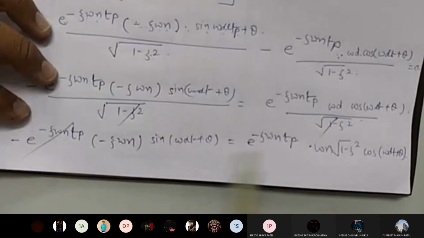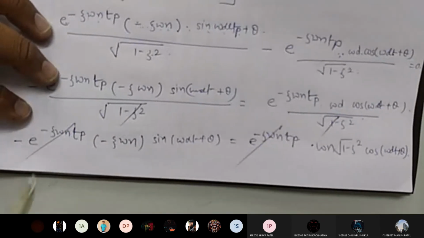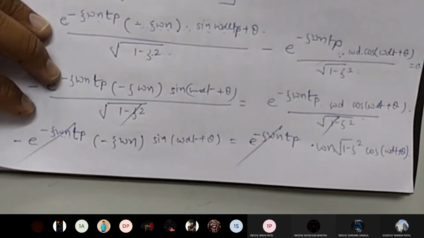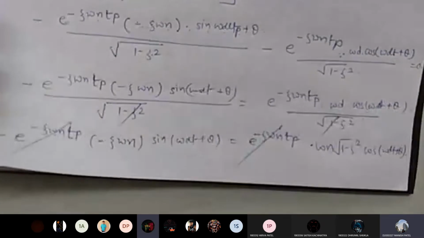Can I cancel it out as well? e raised to minus zeta omega n into tp. Yes, sir. Okay. So what is the last term we have got now?